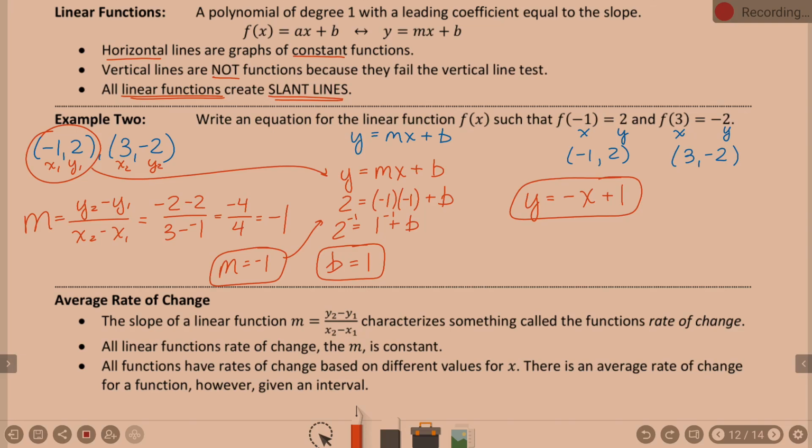You could very well just as easily write f of x equals negative x plus 1. It's equivalent. I personally will accept either. Just a reminder, y equals f of x equals, those are equivalent statements. Okay?